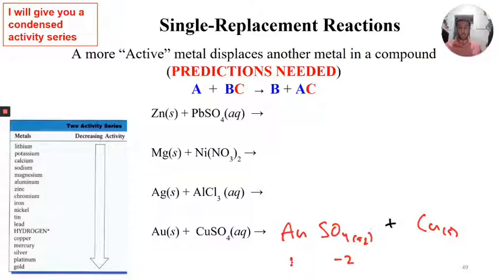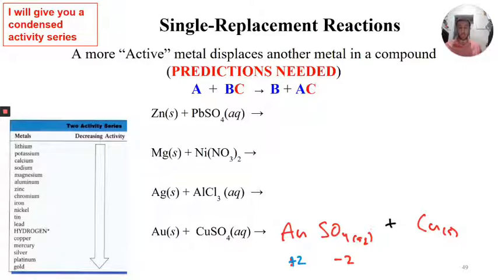So if you encounter a question like this, and this is usually a horrible thing to do, assume that it's as easy as humanly possible. So the easiest charge for that gold would be a +2, so that it counterbalances the -2 of our sulfate.